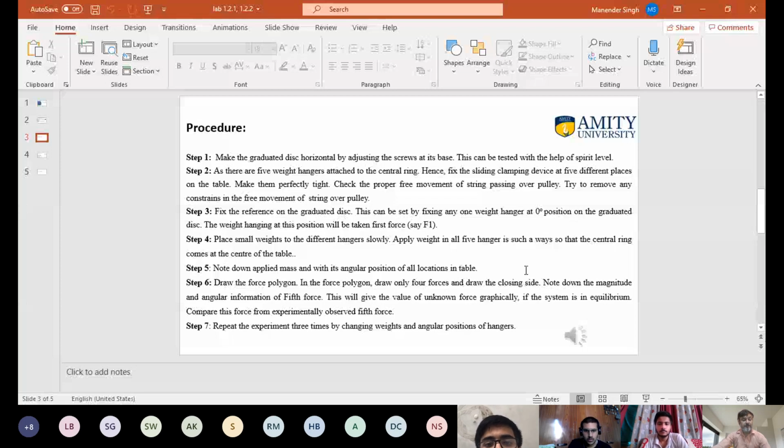And compare the forces experimentally and with the help of the graph. Okay.